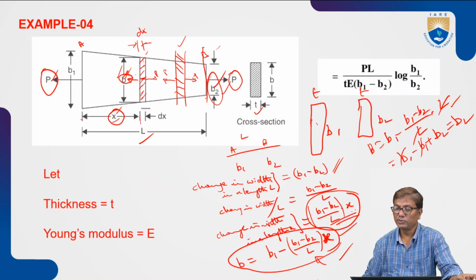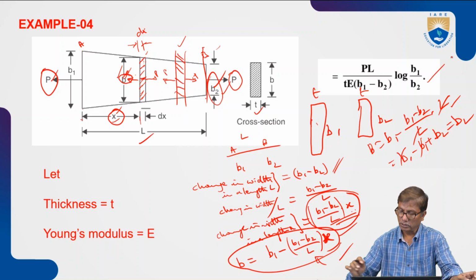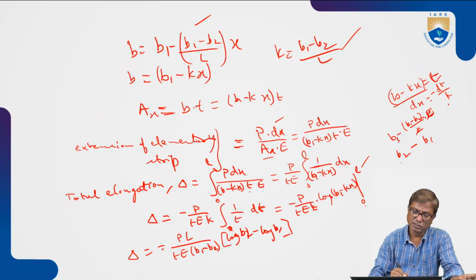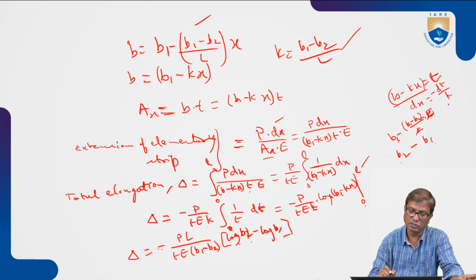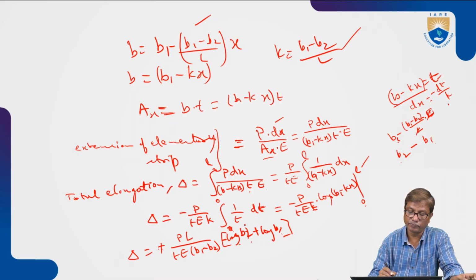So what will be the final expression here? Taking this negative sign inverse, it becomes log b1 minus log b2, which is log of b1 by b2.